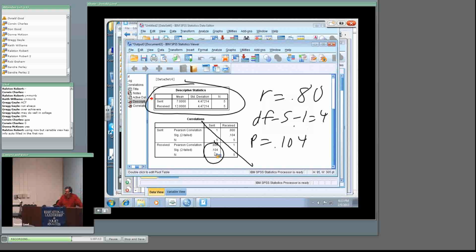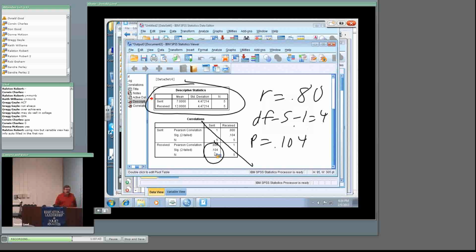Now, that's what it means. Here is why it means what it means. One of the questions, in addition to is it positive or negative, is: is it strong or is it significant? Think of P as standing for probability. We're going to talk about probability a little later down the road.